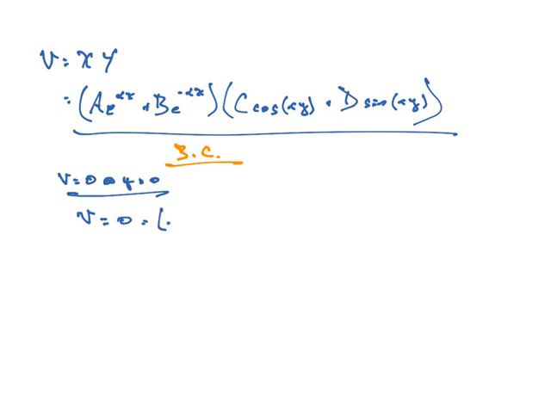What is the potential? Well, it's A e to the alpha x plus B e to the minus alpha x times C cosine of alpha y, but I'm setting y equal to 0 there, plus D sine of alpha y. y is equal to 0 here.